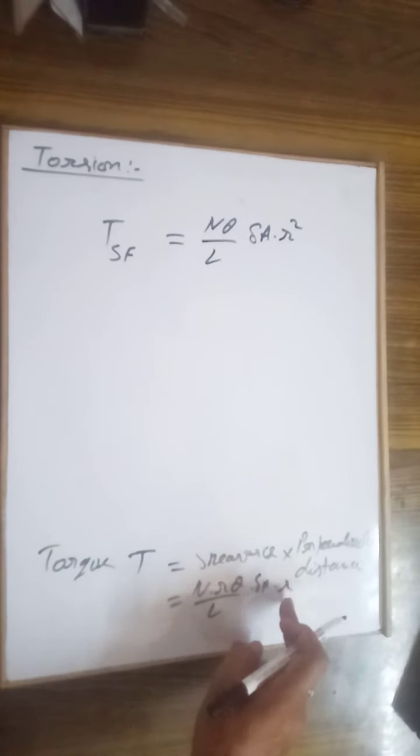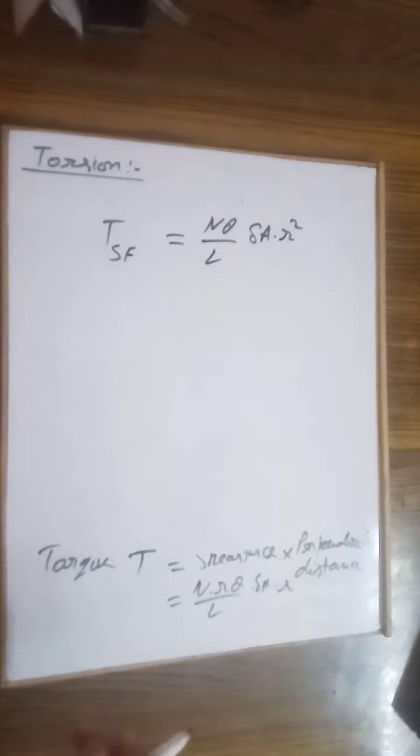This r into this r, that is r square. Like this we can write it.